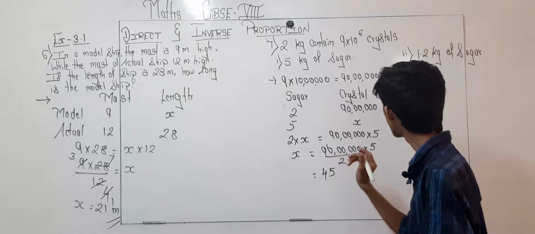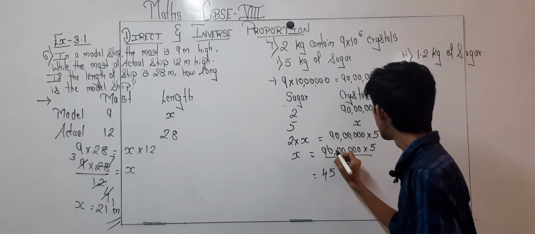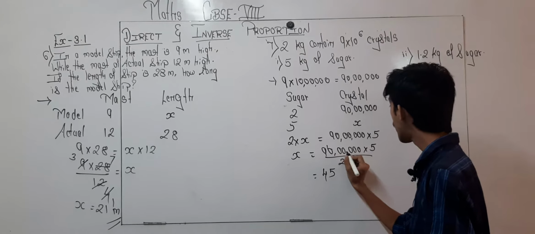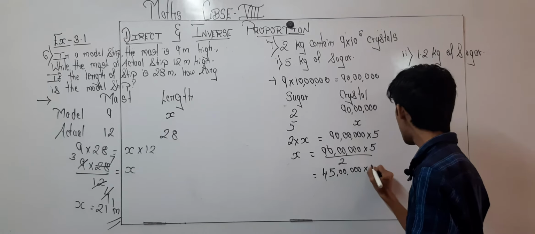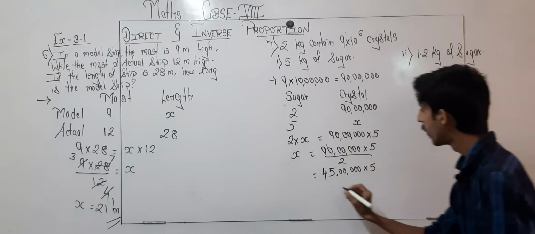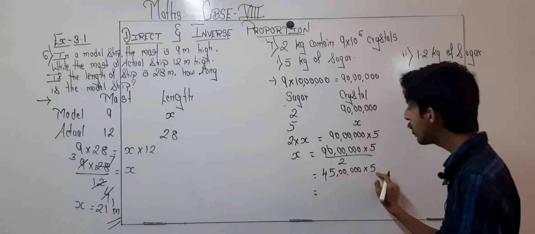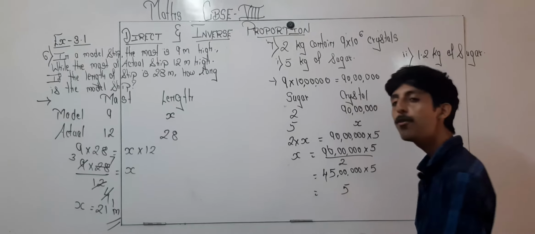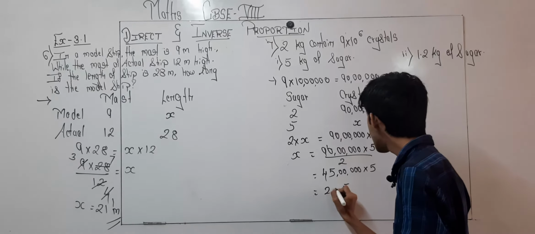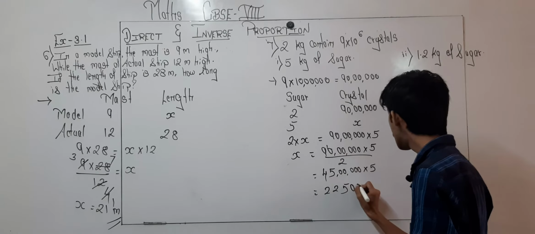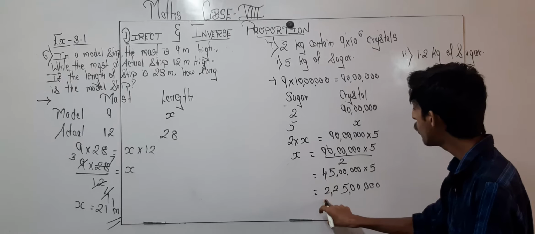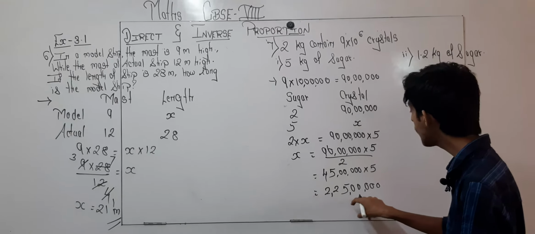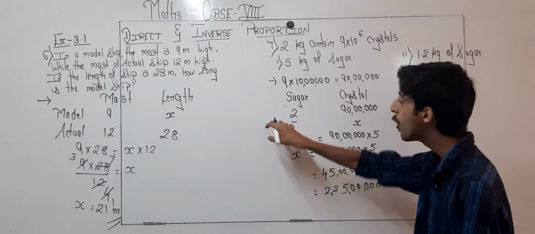Okay, so how many zeros are there remaining? 1, 2, multiply by 5. Now 5 into 5, 25, 2 carry 20, 22, and over here how many zeros? So 2 crore 25 lakhs crystals are found in 5 kg.